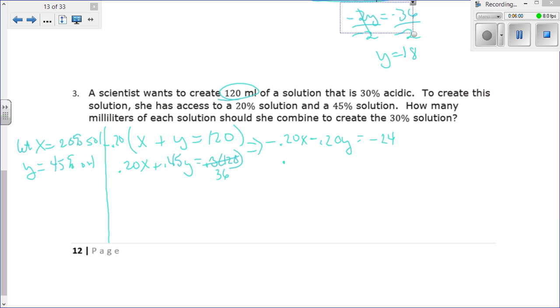And then bring my 0.20x over plus my 0.45y equals 36.